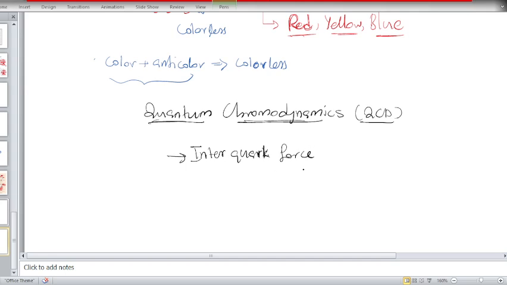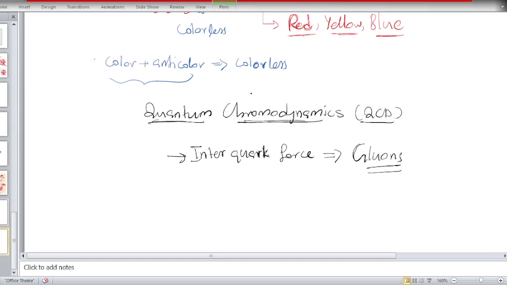These carrier particles are called gluons. These gluons are exchanged between the quarks within the particle. In that exchange a very strong force develops, and because of that strong force, these particles are highly stable.